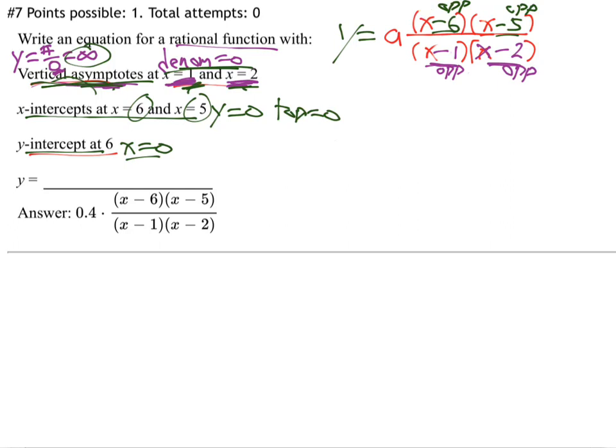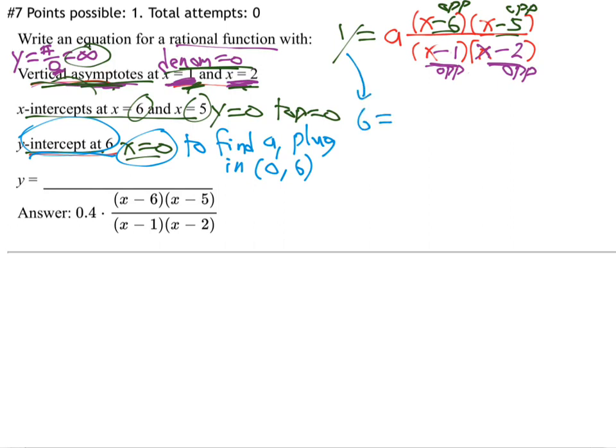So now, last thing, how do we find A? Well, that's going to come from the y-intercept. So to find A, plug in x is 0, y is 6, right? So y is 6, and x is 0. 6 equals A times (0 minus 6)(0 minus 5) over (0 minus 1)(0 minus 2).